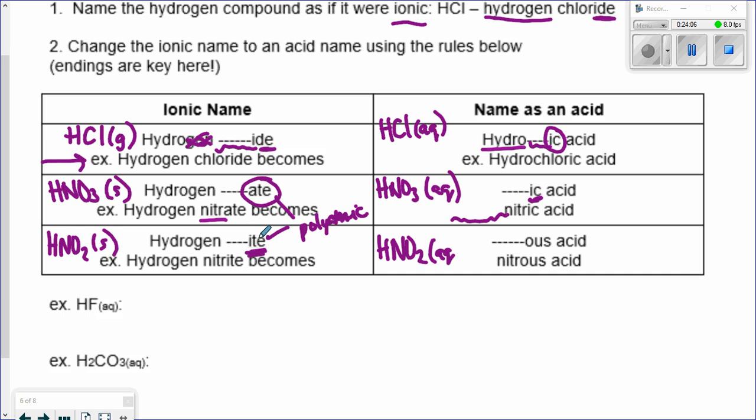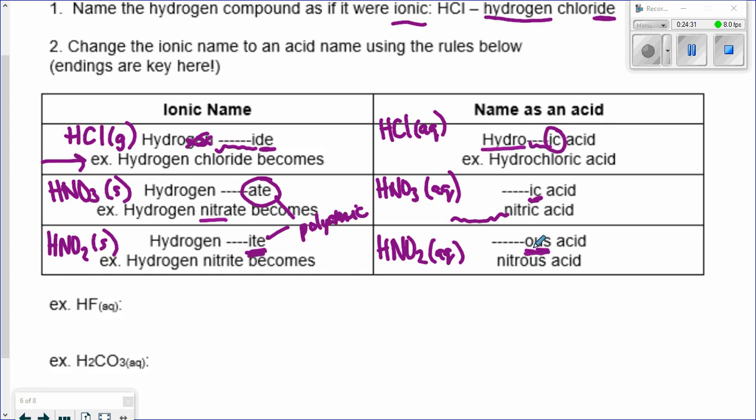An ending of ATE and ITE come from polyatomic. Again, IDE comes from the actual periodic table, where you change the ending to IDE. But if we had hydrogen nitrite, it becomes nitrous. So now we have an ending of OUS. So ite becomes ous.